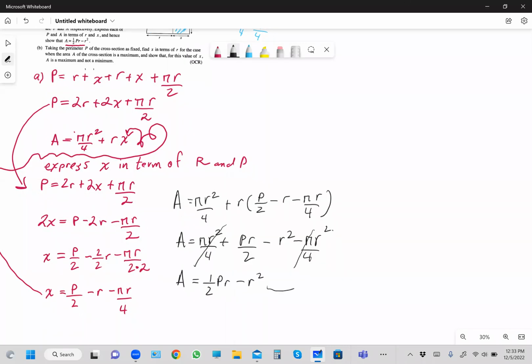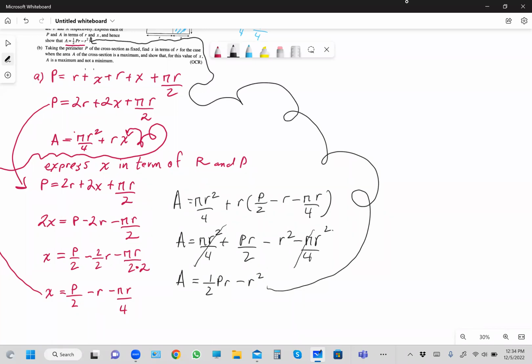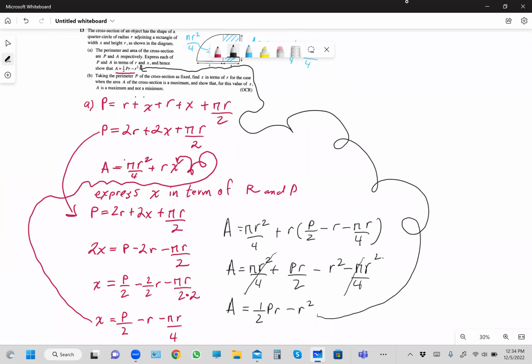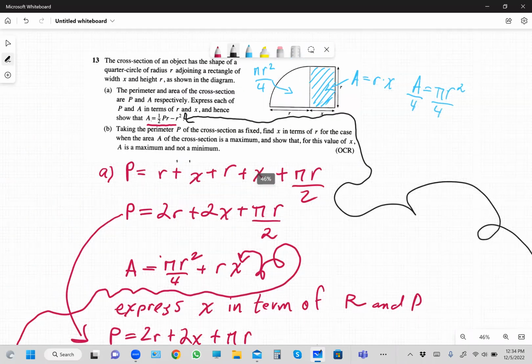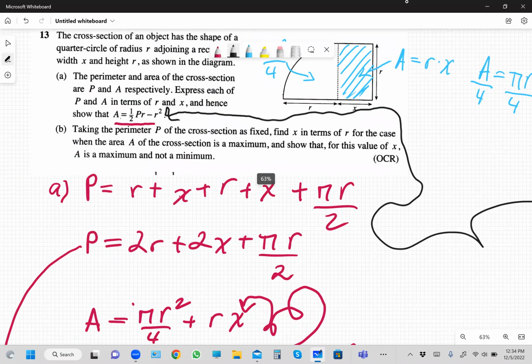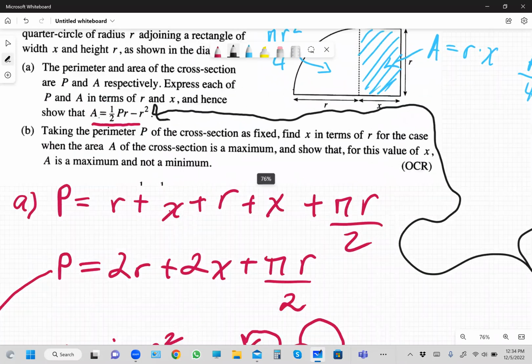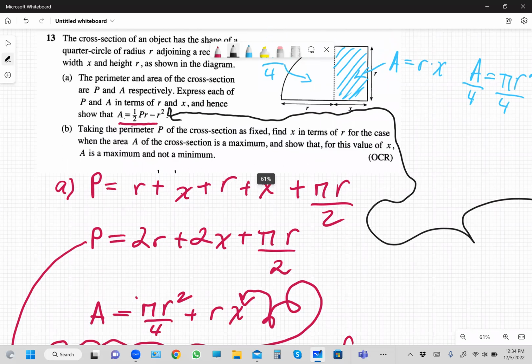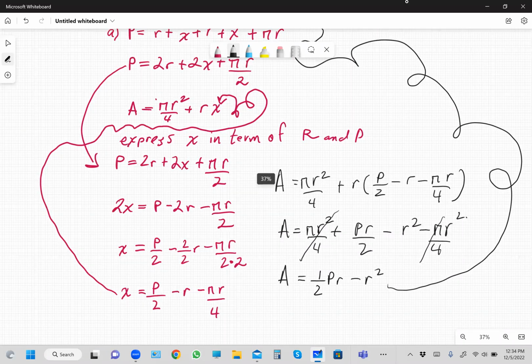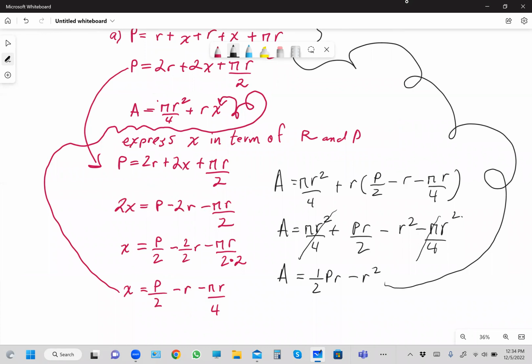It looks like that guy. Great, let me zoom in. It looks like that. And that's what we wanted, didn't we? And hence show that. And we did part A. Does that make sense, wonderful people? Yay or nay? Seems like a lot of work. It's just practicing your manipulation. That's all it is.